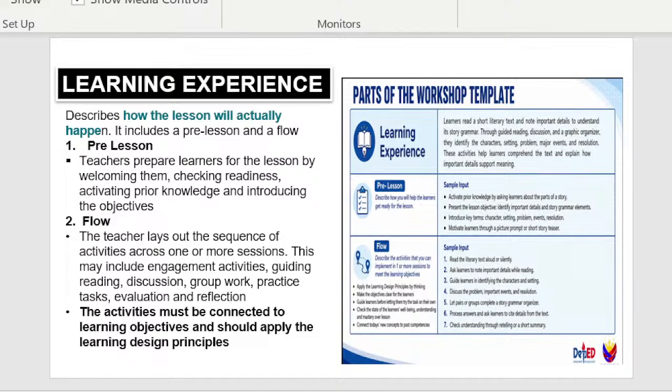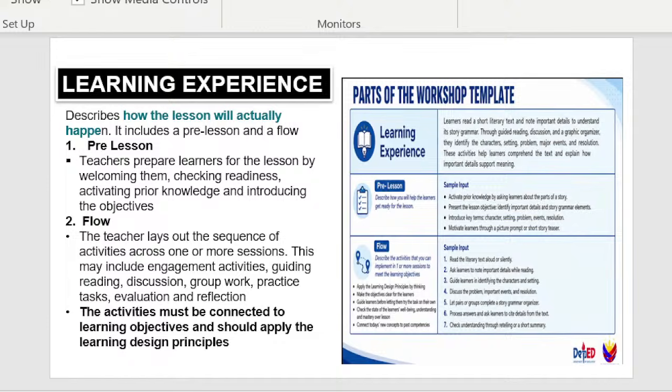The second is the flow, where the teacher lays out the sequence of activities across one or more sessions. This may include engagement activities, guided reading, discussion, group work, practice tasks, evaluation, and reflection.